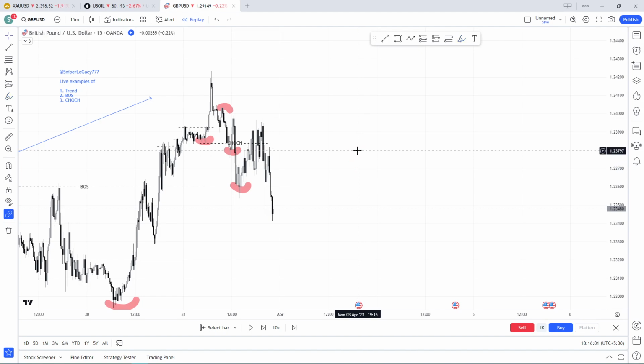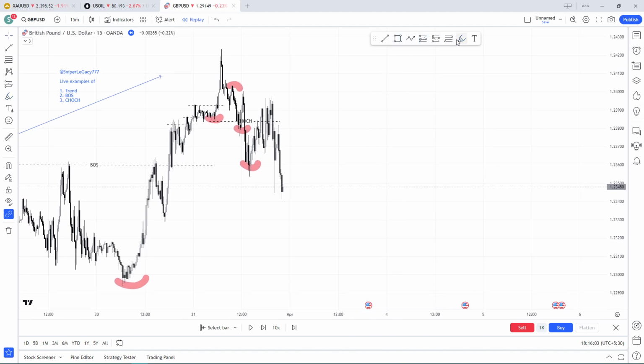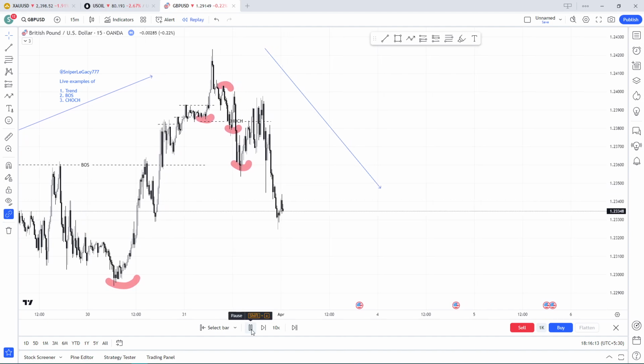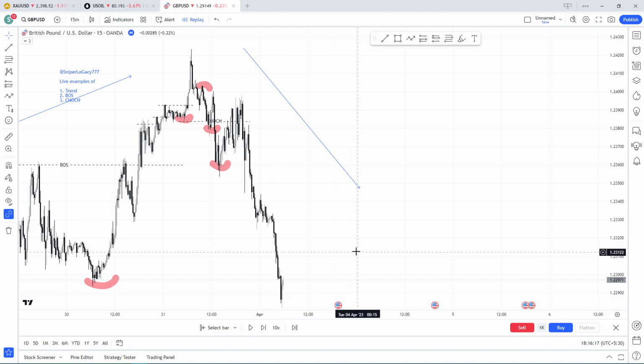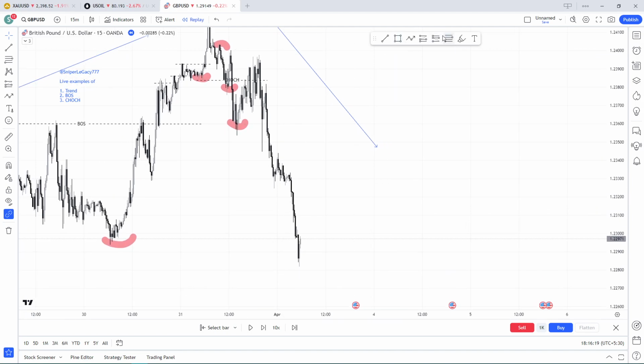So what I'm going to do right now is change my bias and look for trades on the shorter side. Okay, so let me play. Now again, if you really want to consider the internal structures, maybe this small pullback can be considered as the lower high.